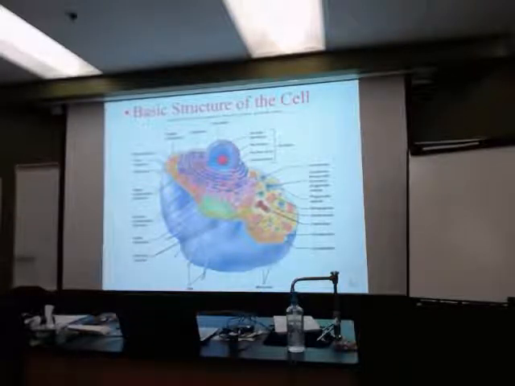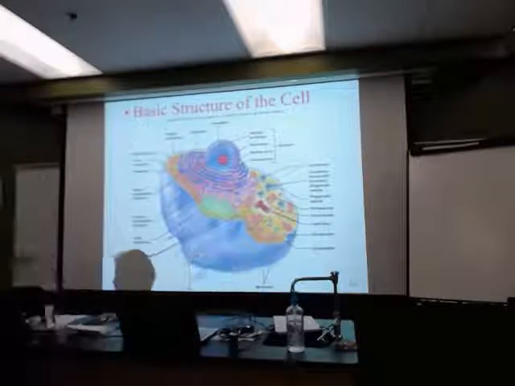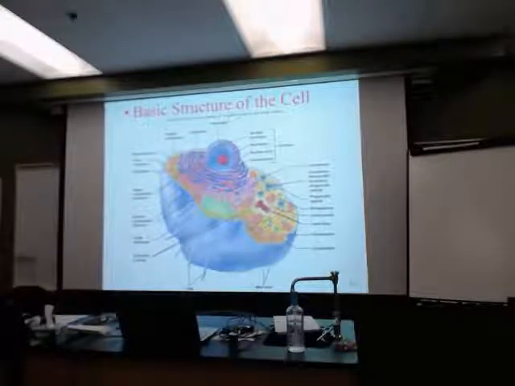Should be 1. Now, does that give you an idea of how important the plasma membrane to the cell is? 20 some odd slides versus 1 for the nucleus.